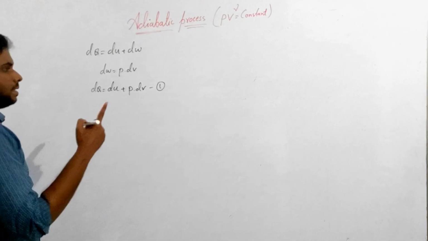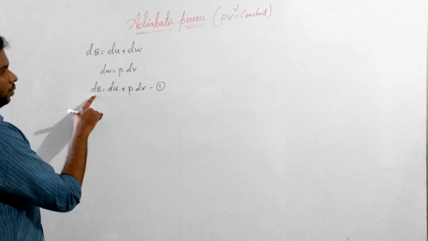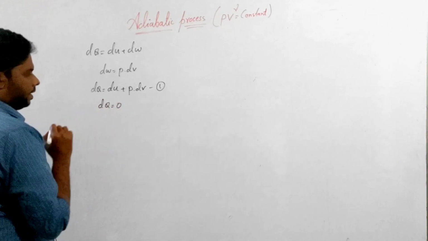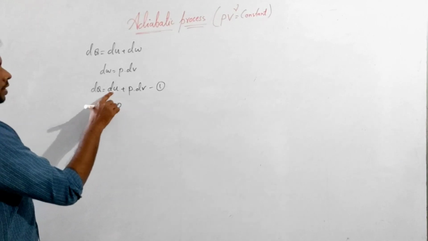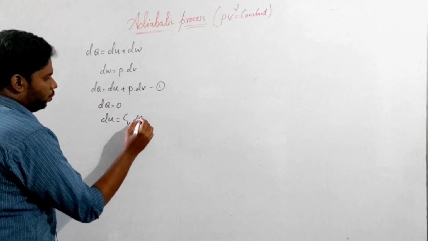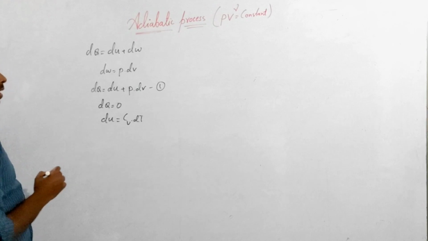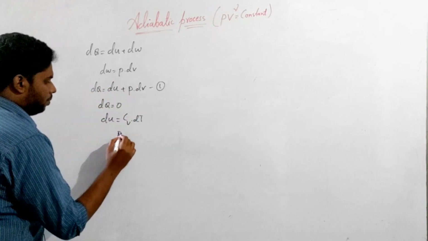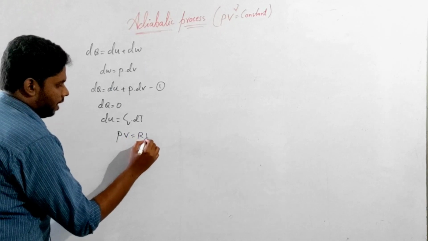Now as it is an adiabatic process, this dQ, the heat transfer, is equal to 0 because there is no heat transfer. Now dU, the change in internal energy, can be written as Cv dT. Here, pressure I can write from the ideal gas equation, that is PV = RT.